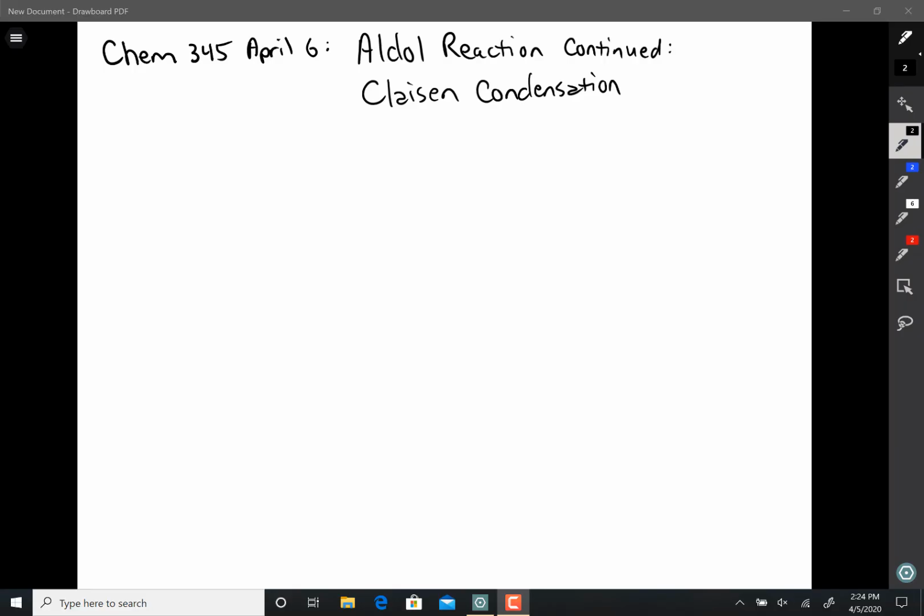Okay, so last time we talked about the Aldol reaction, in which we take an aldehyde and treat it with acid or base. Most examples of the Aldol reaction are base catalyzed, so that's what I'm going to typically use.